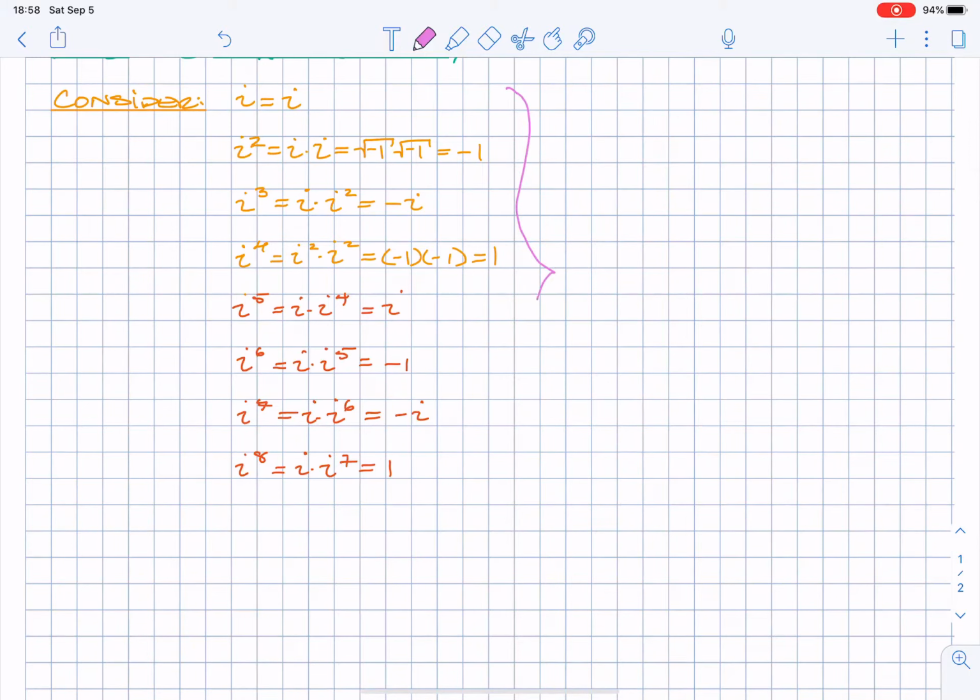Let's see if I can get this. Well, okay, good enough for government work. So we know that it cycles the same four values. It starts with i, -1, -i, 1.